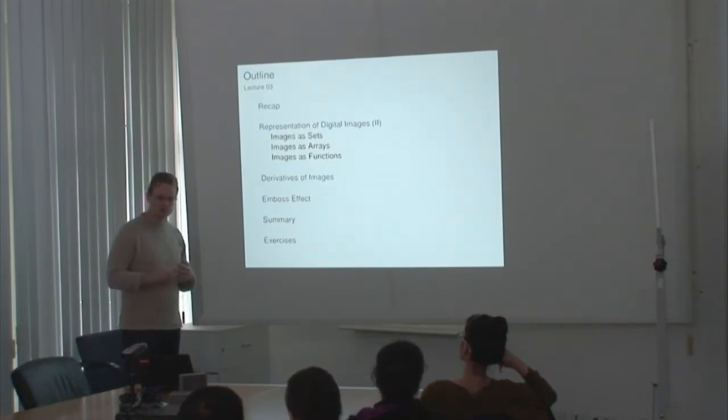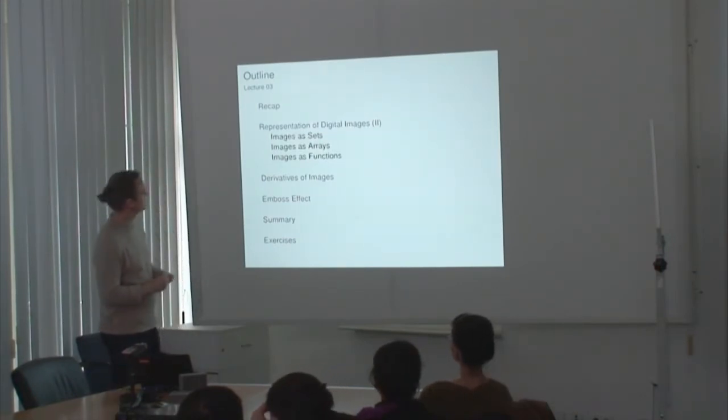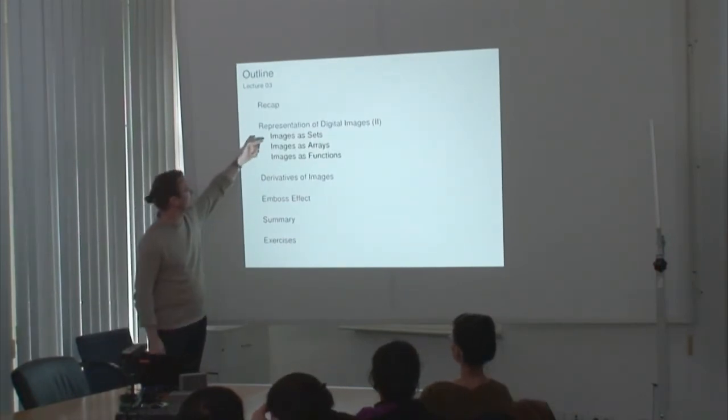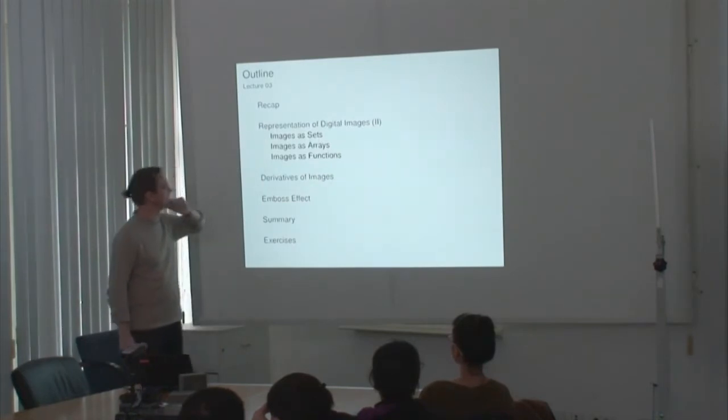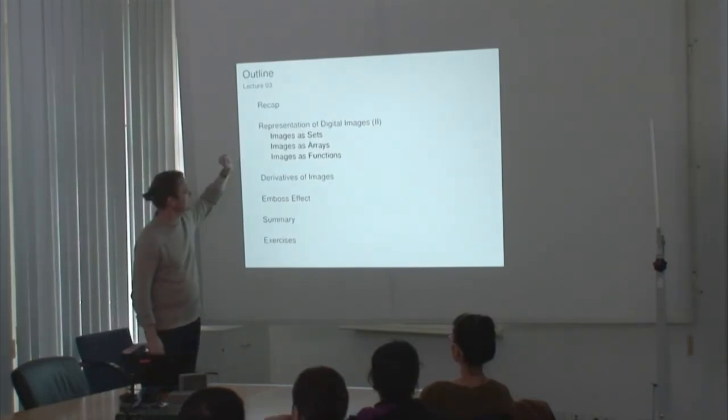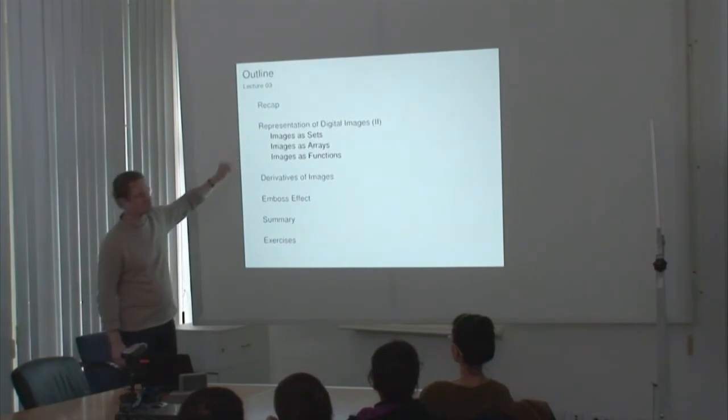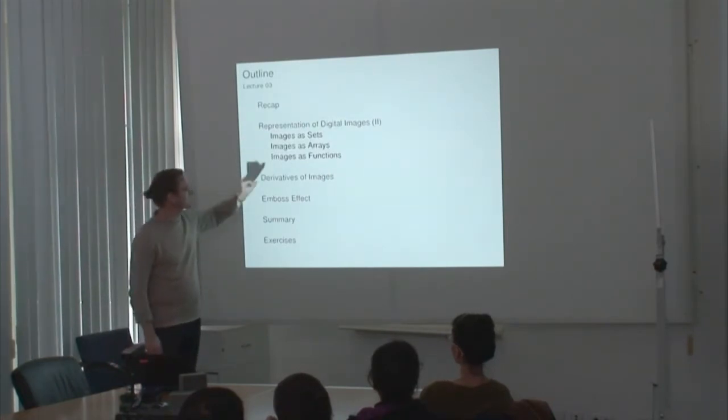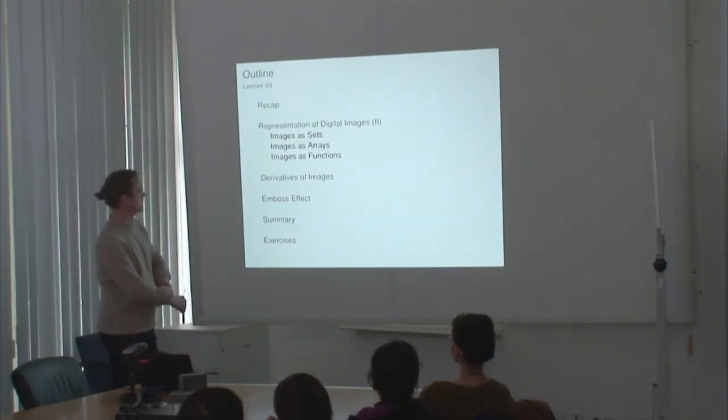So how would we have to think of them so that we can do something with those images? In particular, we'll look into the idea of understanding images as sets, understanding images as arrays, something we did last time already, and then understanding images as functions.